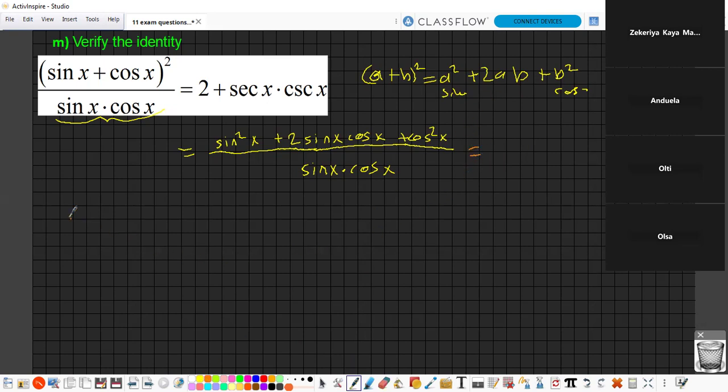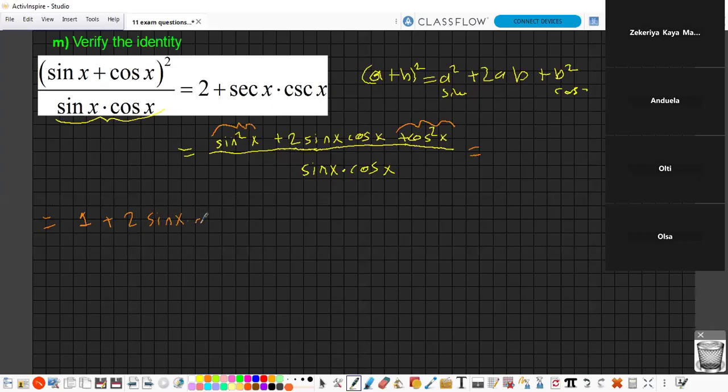So now let's move forward. In this part, if you realize, there is sine squared x and plus cosine squared x, the addition of these two is going to be 1 plus 2 sine x times cosine x.